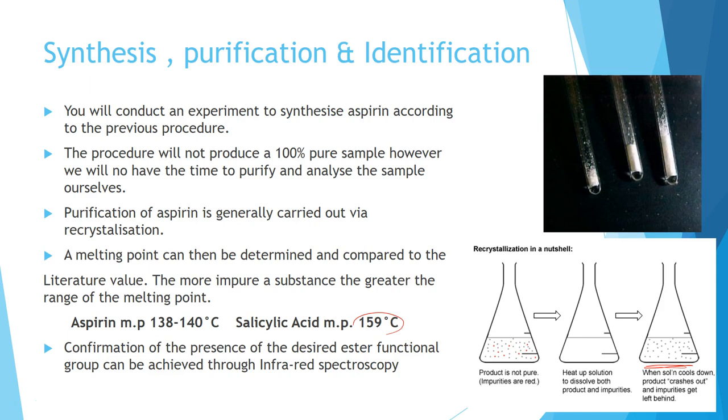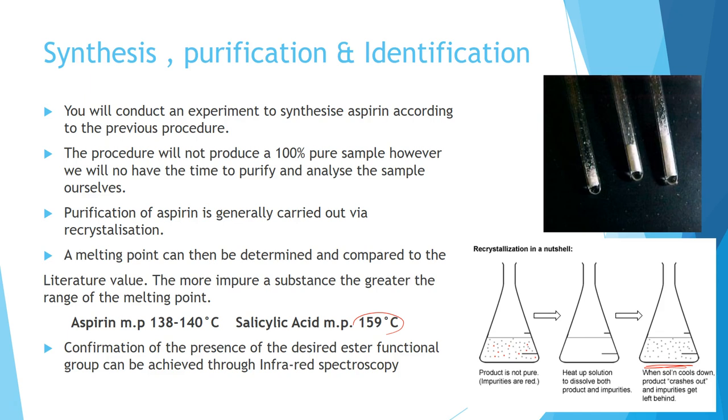The synthesis hasn't been successful. However, if it's closer to 138 to 140, we can be pretty certain that what we've made is more likely to be aspirin and not the starting material. So comparison of melting points gives us an indication of the purity of the substance.